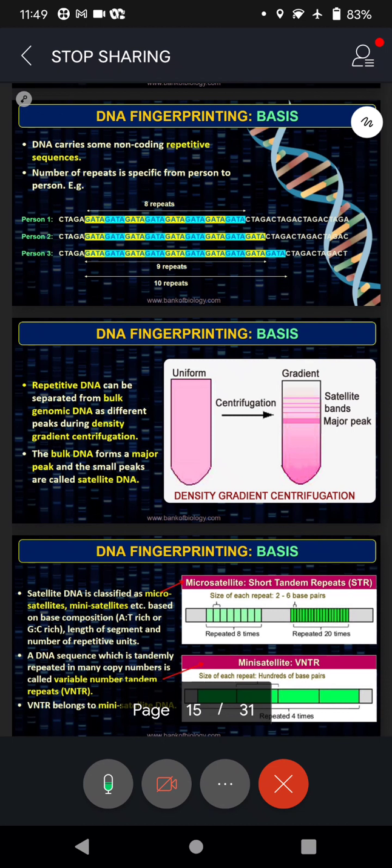From sweat we can. Touching something is enough. Even just a mere touch, and our skin cells will shed off on the surface of the person or a thing. That's why the police department, when they reach the crime scene, they collect.